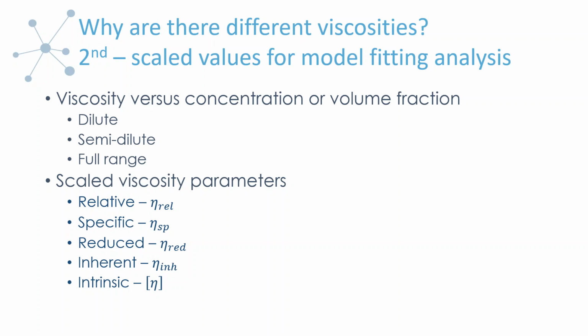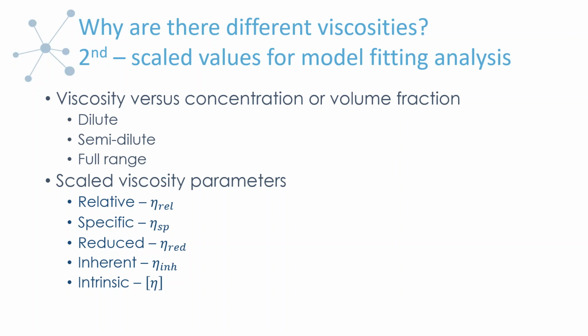It's basically scaled values that pop out from the model fitting that are very common, and oftentimes the data is rescaled in this way because it facilitates the model fits. So what we're going to talk about are models that people use to fit dilute solutions, semi-dilute, which is mid-range concentration, and then models where people try to fit and predict the viscosity versus concentration over the full range.